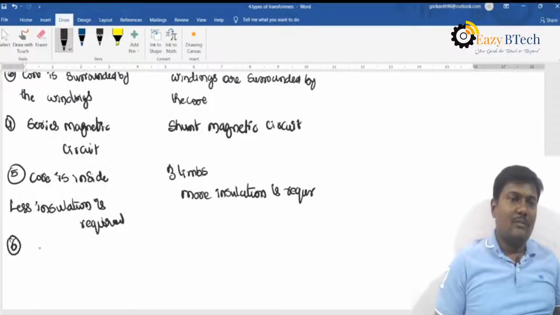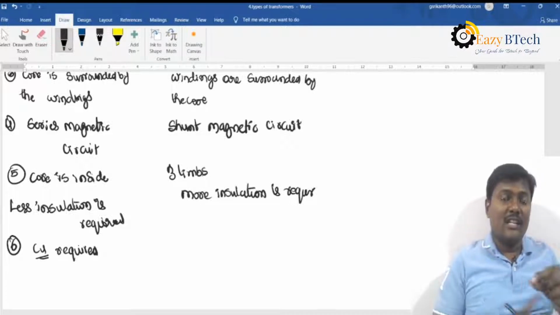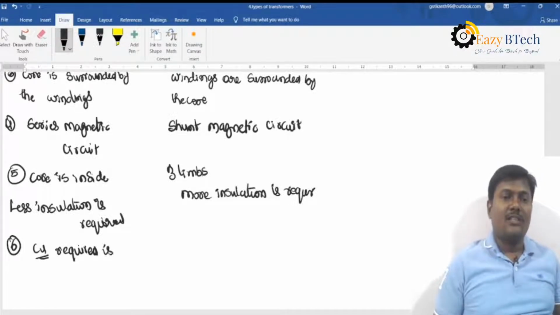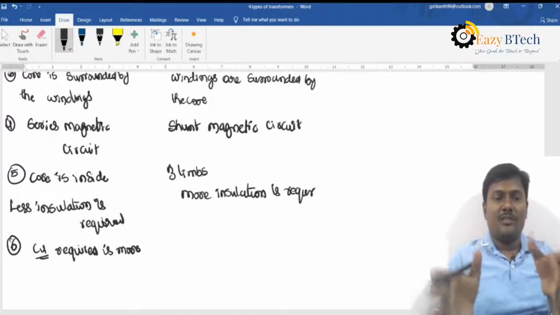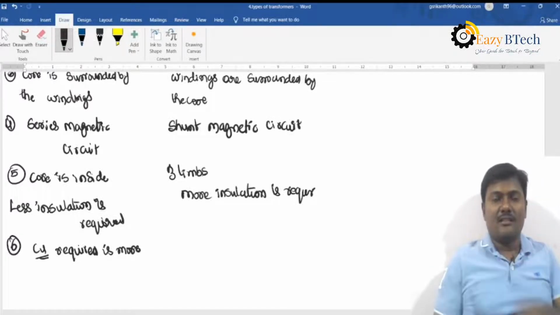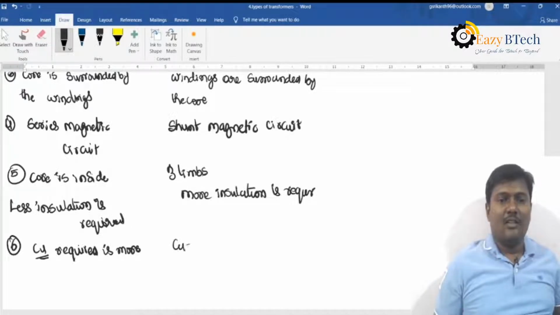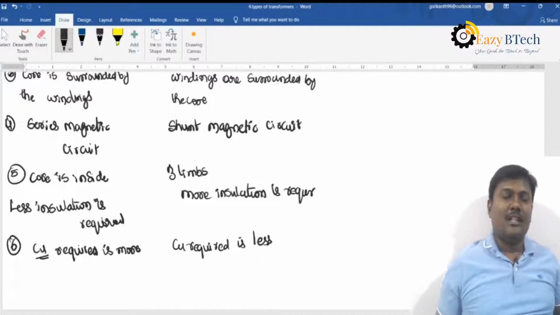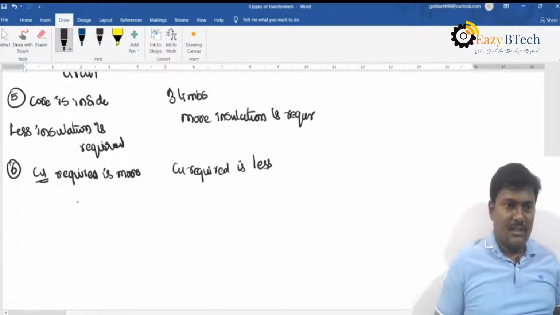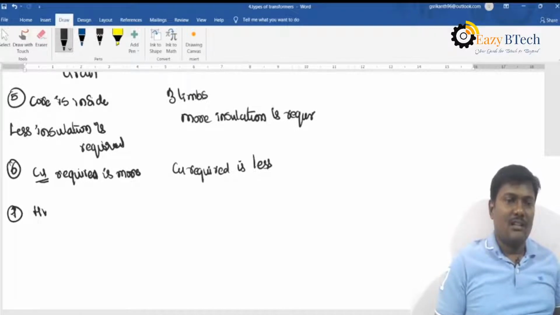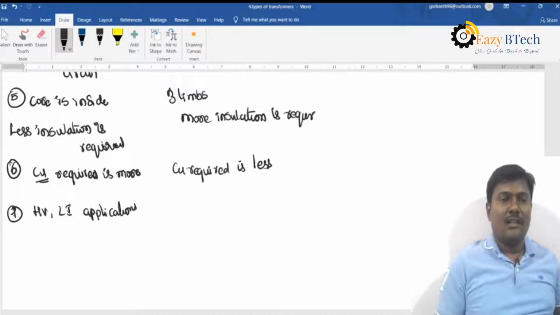And here the amount of copper required is more because the windings are outside. In the shell type, you can observe that the copper winding is placed on the central limb, so the copper required is less. So finally, the core type of transformer is used in high voltage and low current applications, and the shell type can be used for low voltage and high current applications.